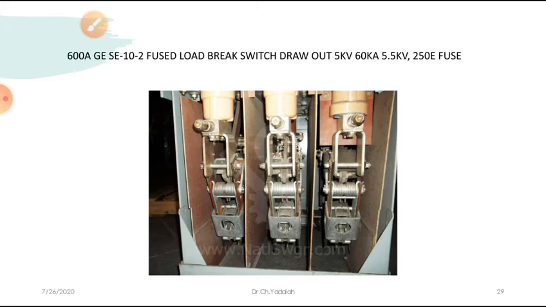So once the current carrying conductor is chopped, there is a possibility that across the gap between the two contacts, a high voltage is induced due to the chopping. That voltage is very high. We can say that is the rate of rise of recovery voltage.